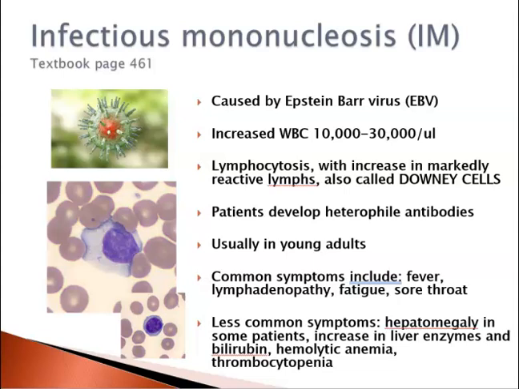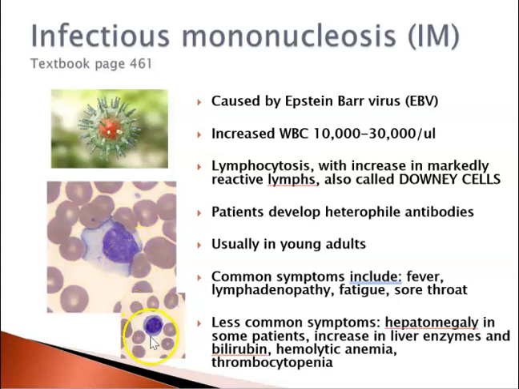We see a markedly increased number of active lymphs, and remember there's a difference between an active lymph and a normal small lymph. The active lymphs can take on this holly leaf shape and they're larger. The holly leaf shape has these scalloped edges indicating that it's active.